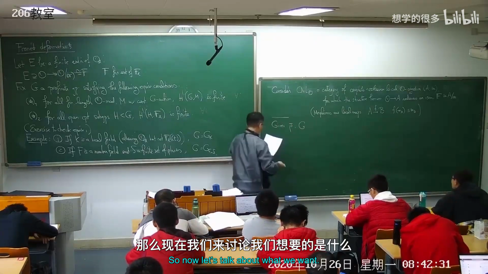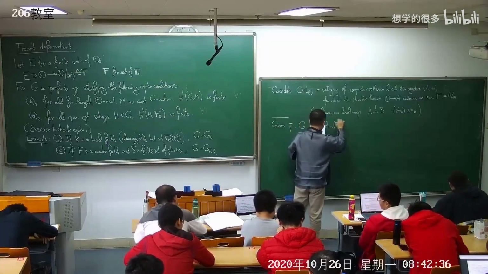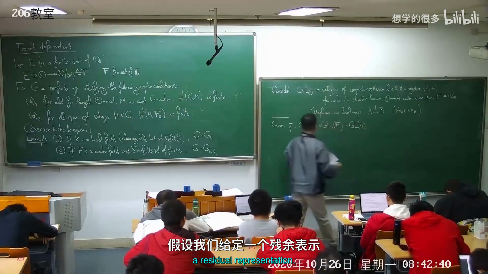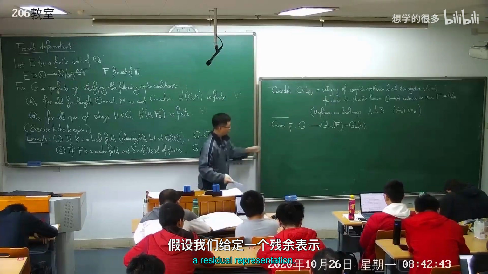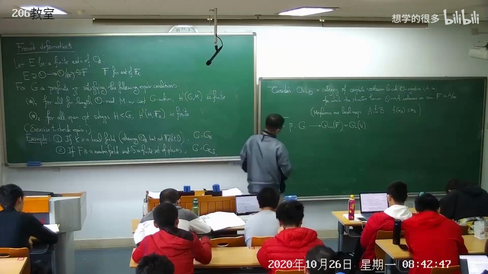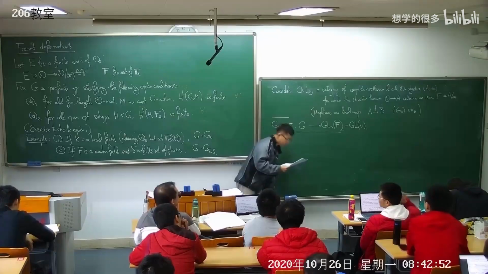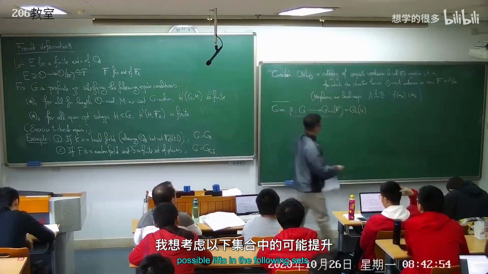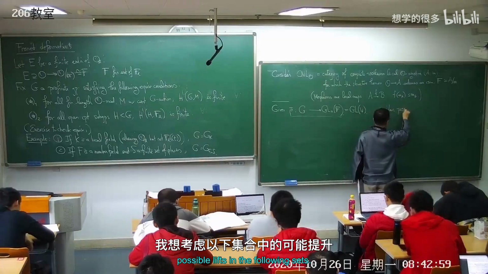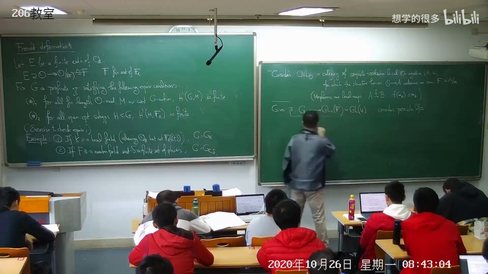So now let's talk about what we want. Suppose that we're given a residual representation. I'm really thinking about G as a Galois group of one of these two kinds. So suppose I give myself such a representation, rho bar. I want to consider possible lifts in the following sense.